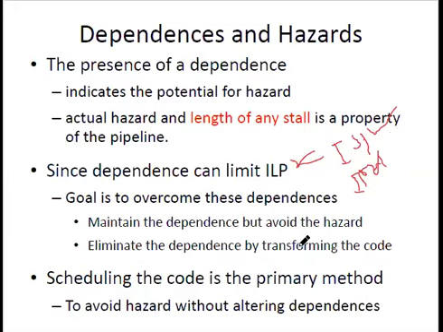There is a process called scheduling of the code. Scheduling the code is the primary method to avoid a hazard without altering the dependency. So we schedule the code. Let's see how we schedule it.